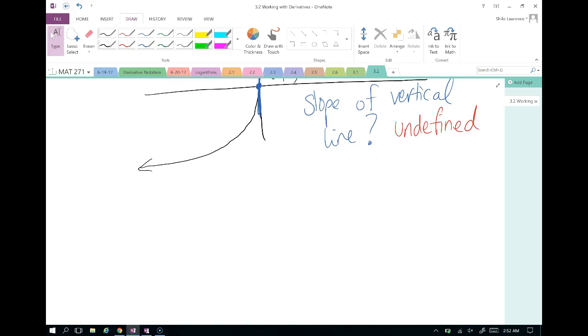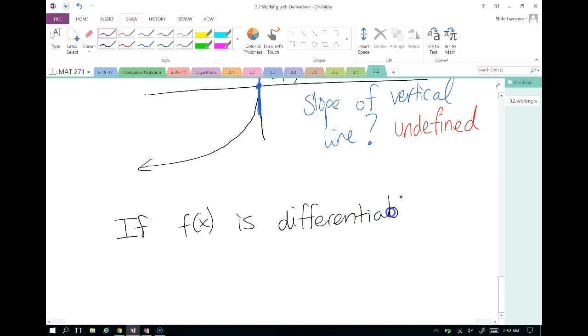If we know that our function is differentiable, if I know I can take the derivative and my function has derivatives and tangent slopes everywhere, then that automatically guarantees that my function is continuous.